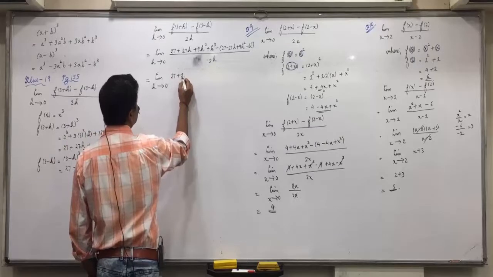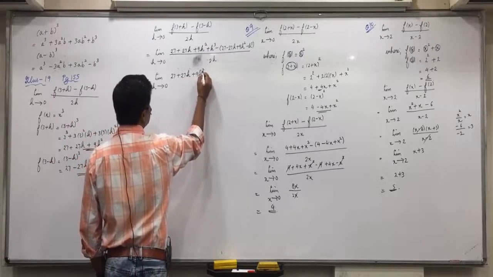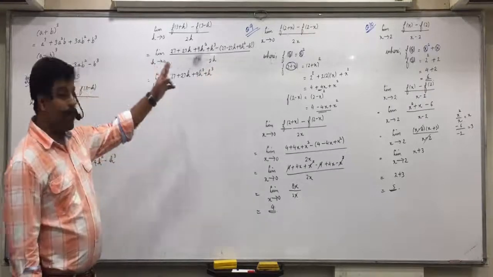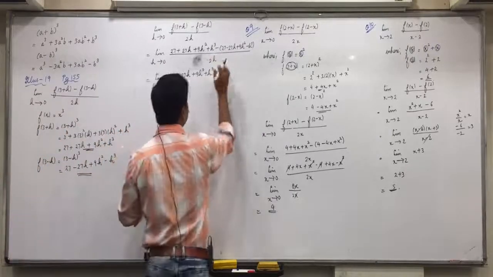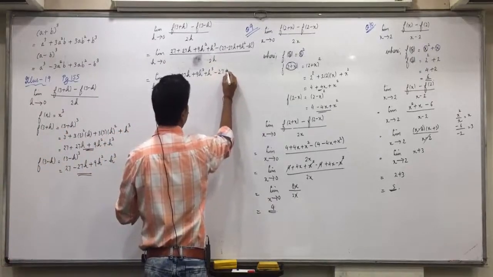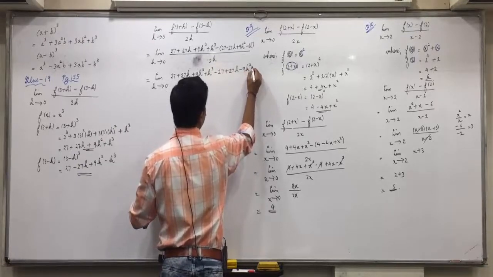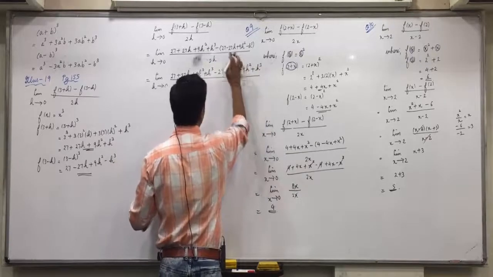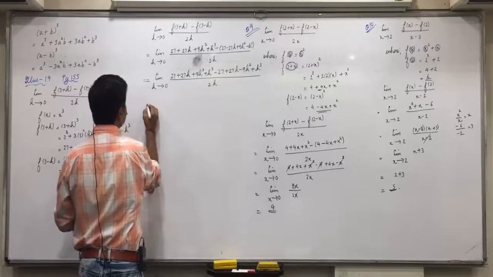First we'll open the brackets. So 27 plus 27h plus 9h square plus h cube as it is. Now if you open this bracket, all signs will change because there is minus. So minus 27 plus 27h minus 9h square plus h cube, divided by 2h.